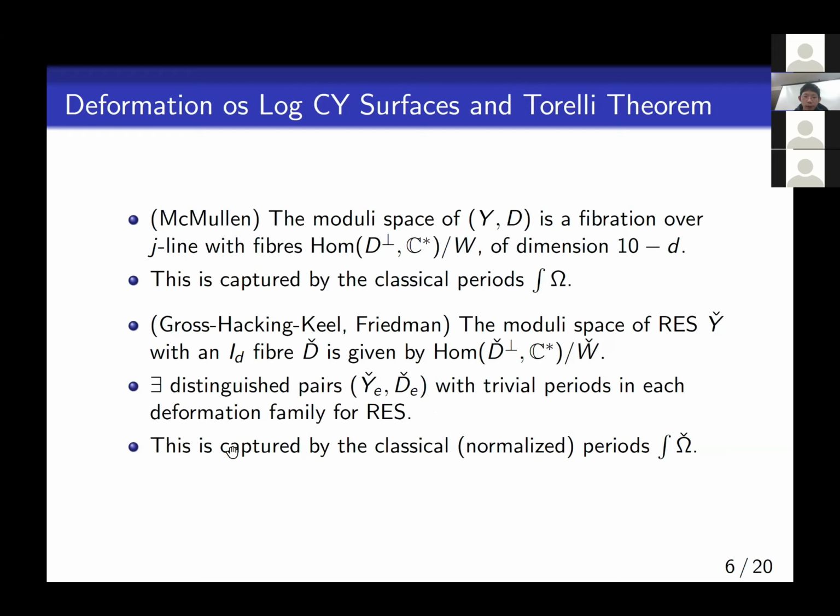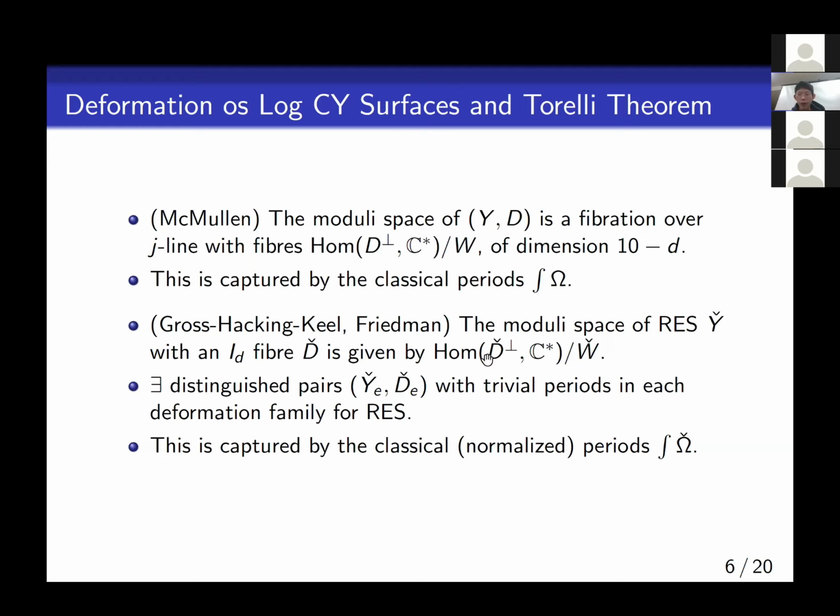And again, this moduli space can be interpreted as the classical period. I learned it from this paper of Friedman. He explained that if you have any 2 cycle in Y check which is perpendicular to every single component of E check, then you can always homotope it to avoid E check.